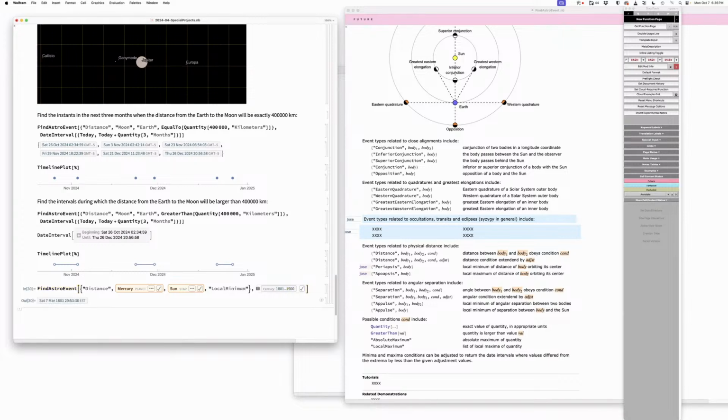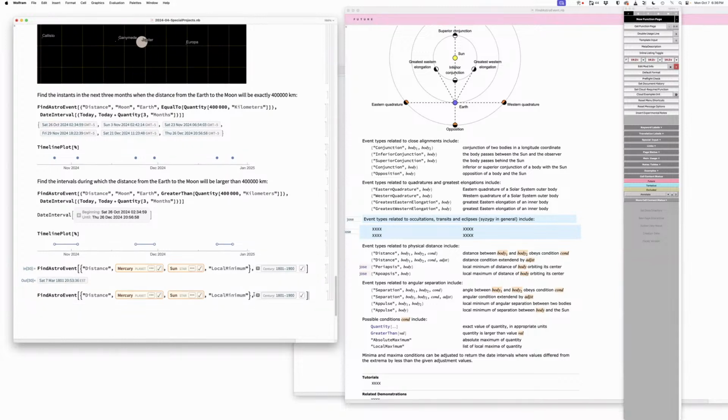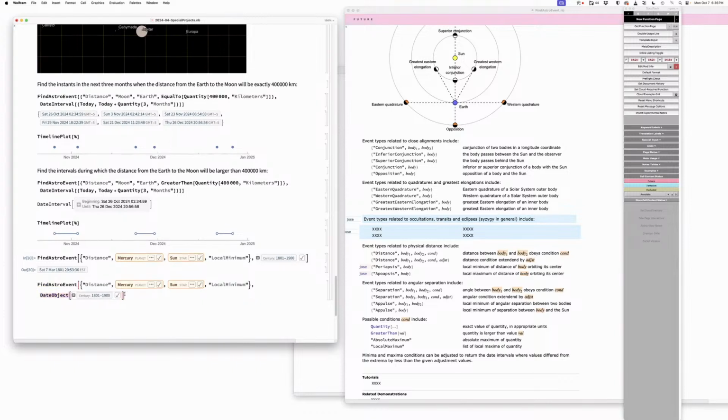If you want to see all of them, do date interval of that. Wouldn't that give me all of them? Because we interpret that a date object always means the beginning of that date object. I don't think that's right. The date interval. I don't think we should do that.